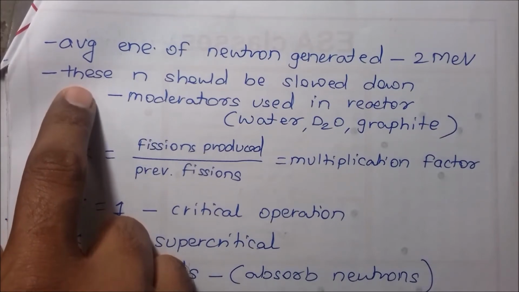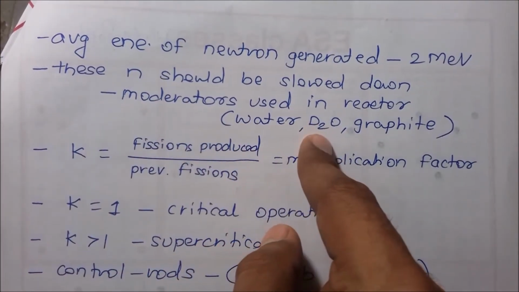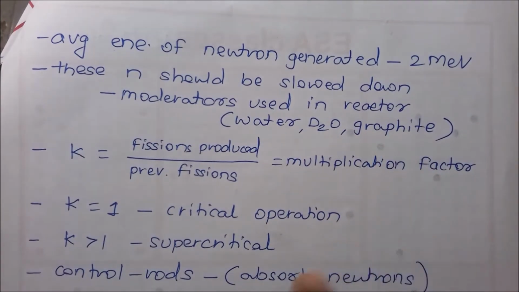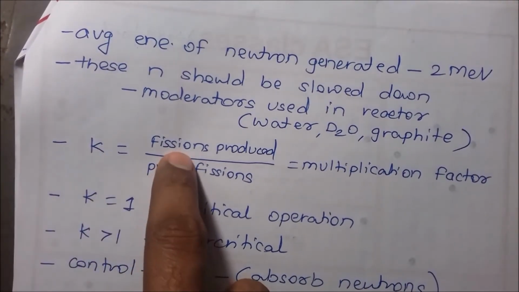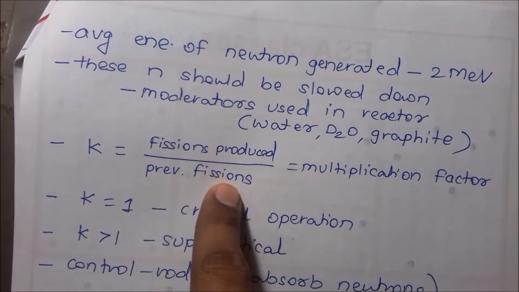So to decrease the speed of the neutron, moderators are used. Those are water, D2O, heavy water, or graphite. K is the multiplication factor. It is the fissions produced upon previous fissions.